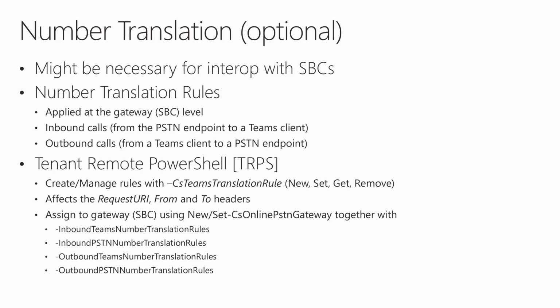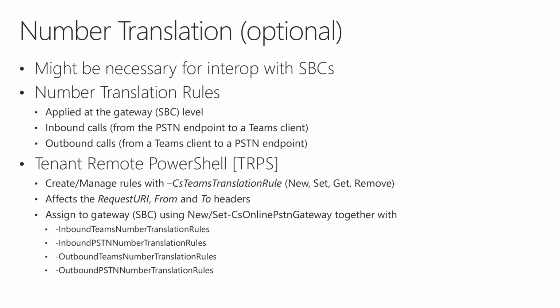In Tenant Remote PowerShell, we create and manage these rules with the CsTeamsTranslationRule commandlet. And you have various action verbs for that: New-CsTeamsTranslationRule, Set, Get, Remove, and so forth. These translation rules will affect the request URI, From and To headers in the SIP dialog between the session border controllers and the service.